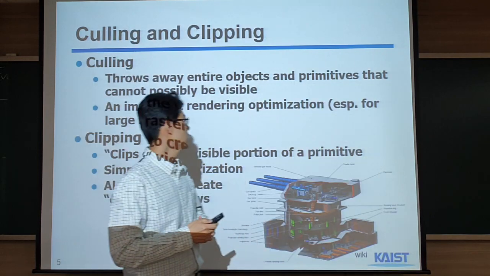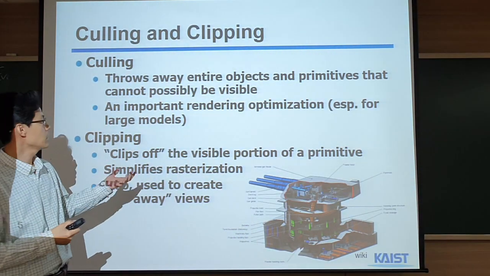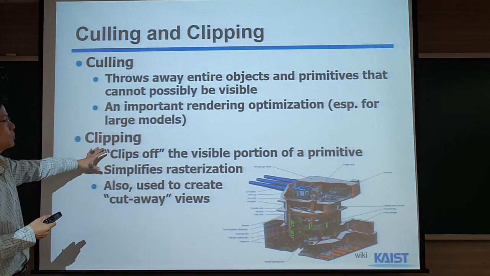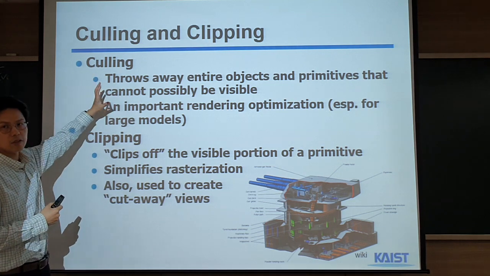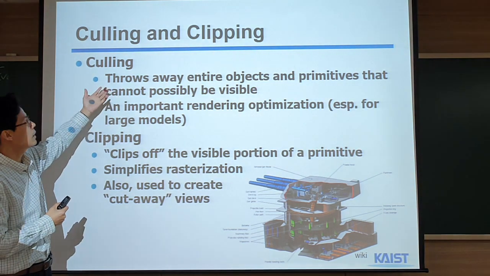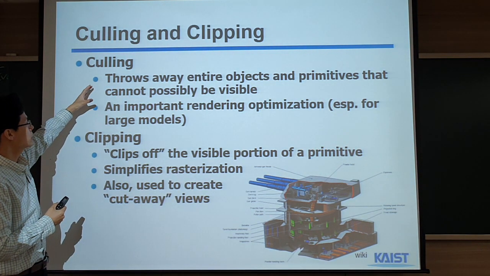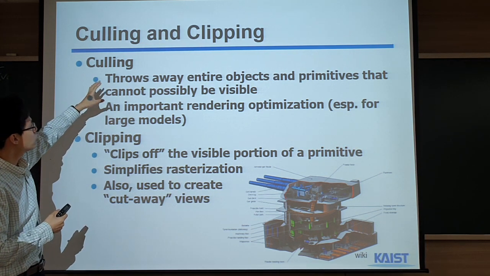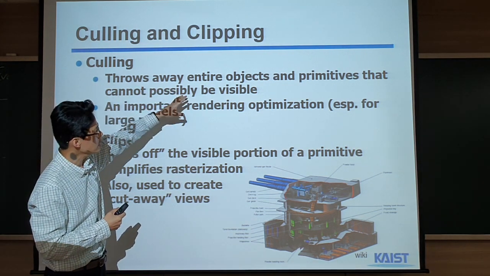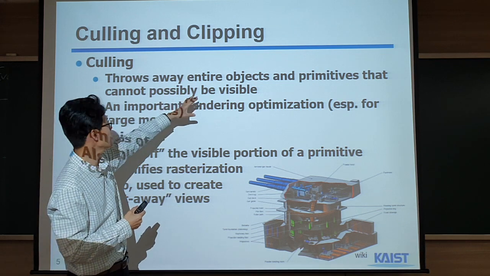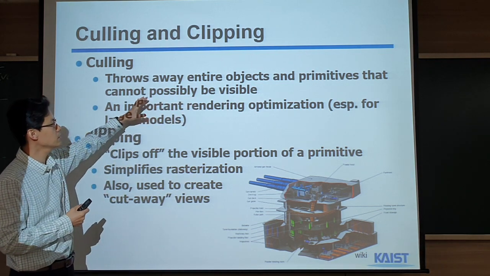Okay, so now let's get back to today's material. I'd like to talk about culling and clipping. In some of the lectures I talked about the high-level idea of culling and clipping. Culling is nothing but throwing away an entire object or primitive that cannot possibly be visible, right?